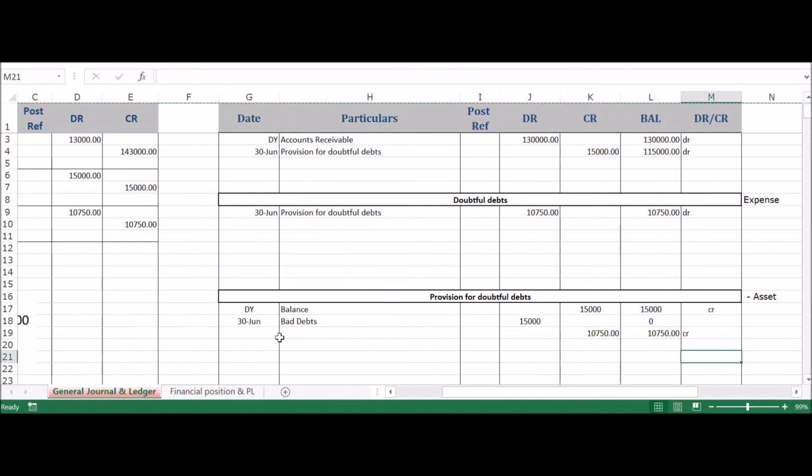Clean up my drive a bit, and doubtful debts. Okay, so we've got a new provision, $10,750.